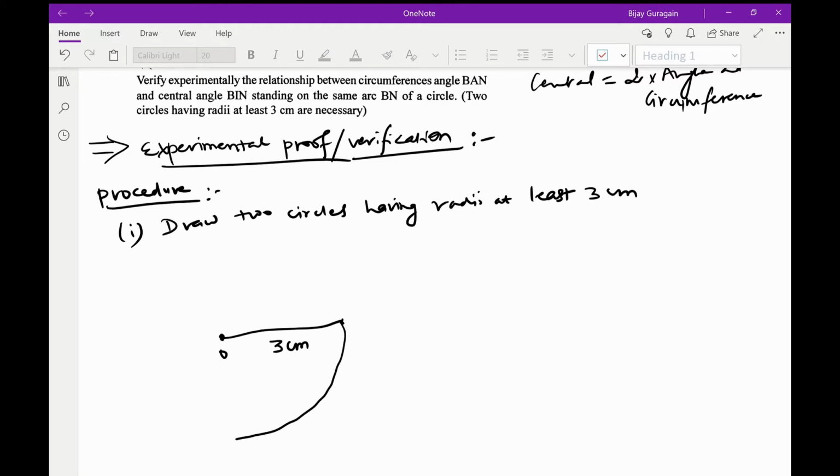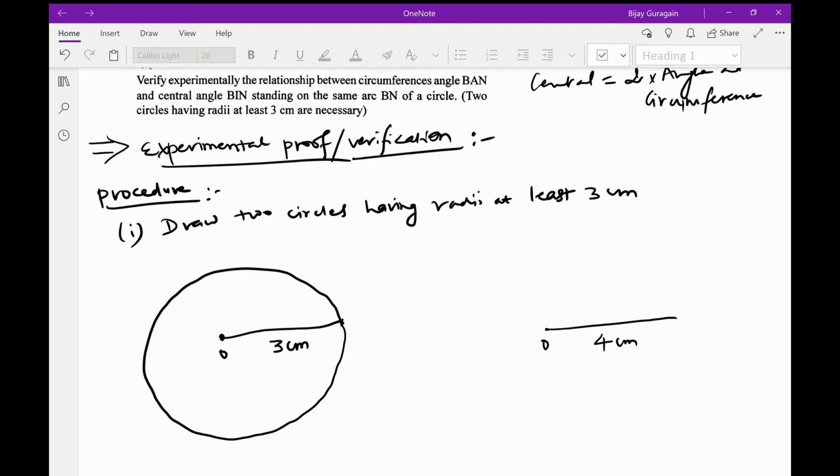We'll make it like this. This is our circle, and now another circle. This is our center O, and the radius is 4 centimeter.